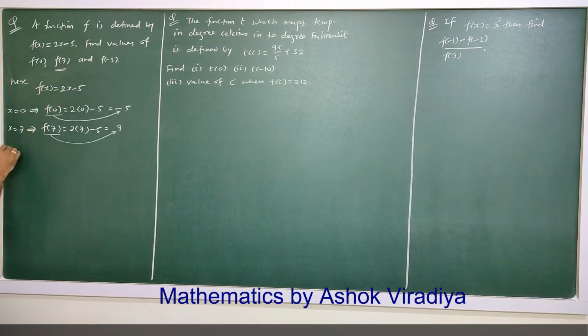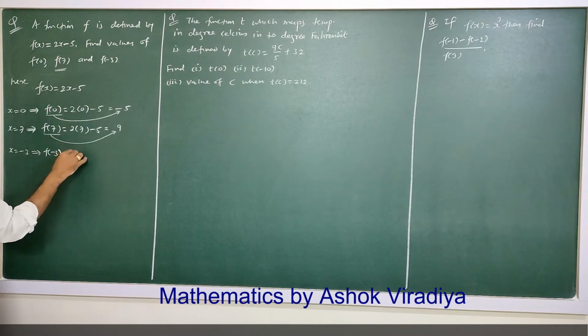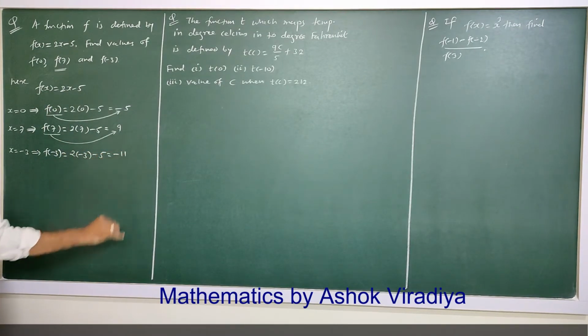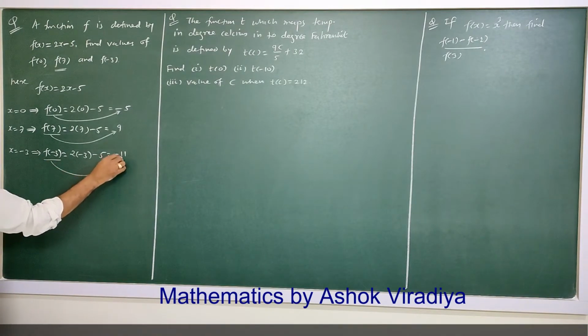Then for f of minus 3, putting x equal to minus 3, 2 into minus 3 minus 5, so this is minus 11. So the image of minus 3 under f is minus 11.